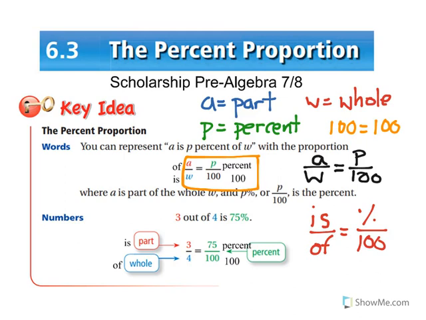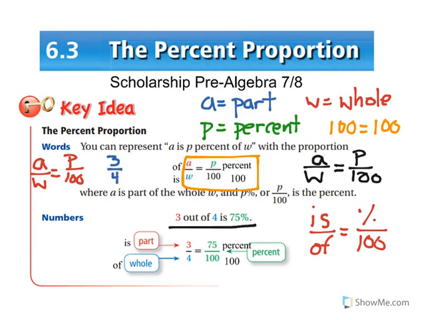So when you see this problem here, 3 out of 4 is 75. Well, I can think of it this way. If I'm looking at using the A over W equals P over 100, I know that the part, 3 out of 4, that tells me it's going to be 3.